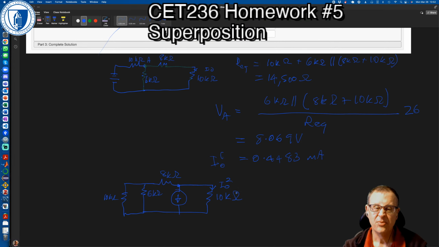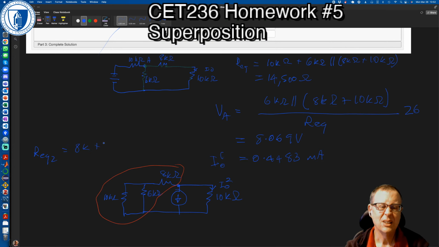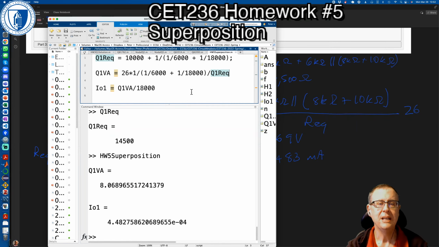So let's just group these three together, and let's call that REQ2, and that's going to be 8K plus 10K in parallel with 6K. And we'll have to figure out what that is. Let's go back here, do that.